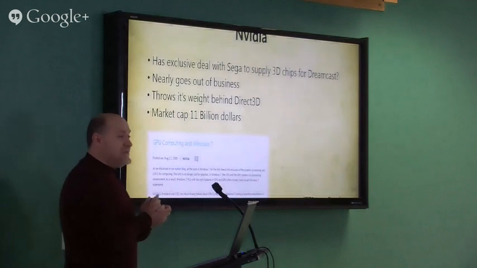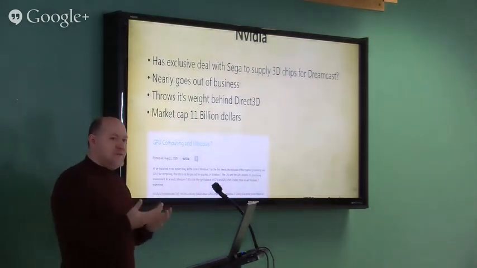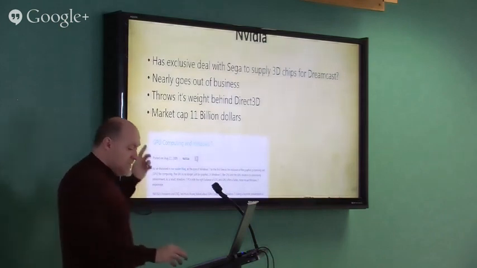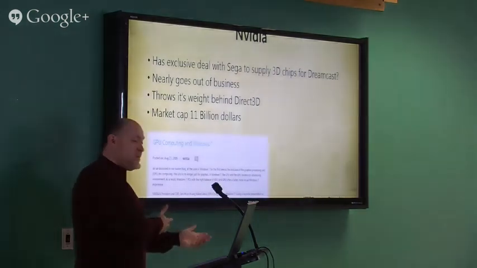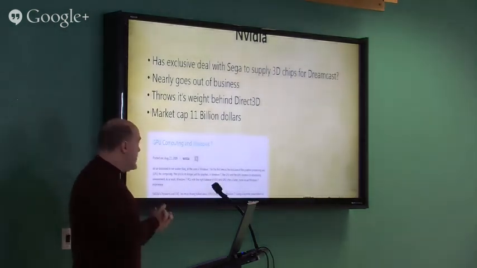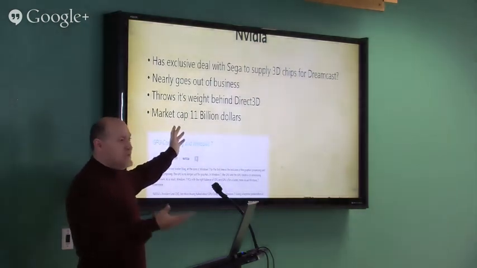Well, something bizarre happened. The bizarre thing that happened was that Direct3D was hugely successful. And it created multi-billion-dollar companies like ATI and NVIDIA. ATI, as acquired by AMD, now has a $3 billion market cap. NVIDIA, which I didn't tell the stories about, was nearly going out of business until they partnered with us to become an exclusive Direct3D chip maker.